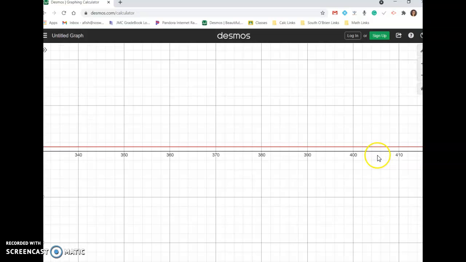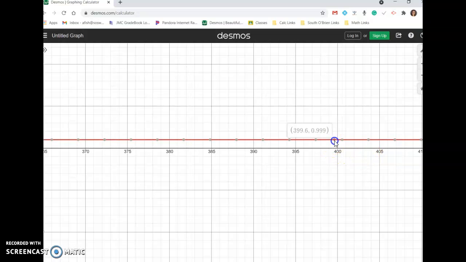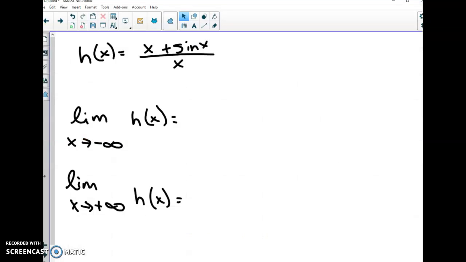Okay, so I'm going to 400, or if you really wanted to, you could go in the thousands. 0.9999. All right, so okay, if I were to keep expanding this, it's probably both going to go to 1. And there you go. You have both of your limits denoted just by graphing.